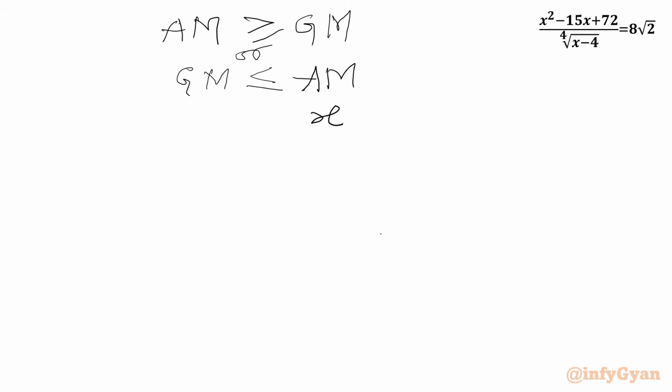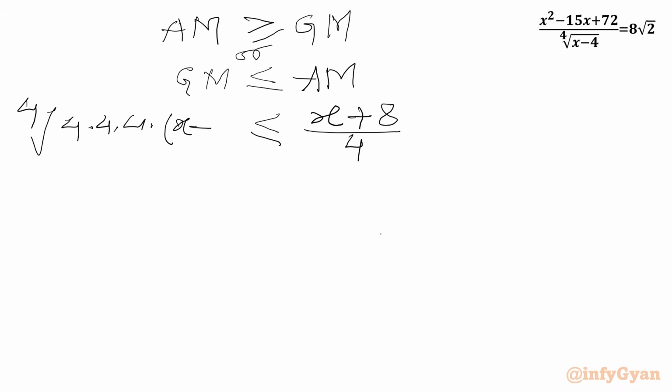So AM is x plus 8 over 4 and GM is 4th root of 4 times 4 times 4 times x minus 4. We'll multiply both sides by 4 and get 4 times 4th root of 4 times 4 times 4 times x minus 4.